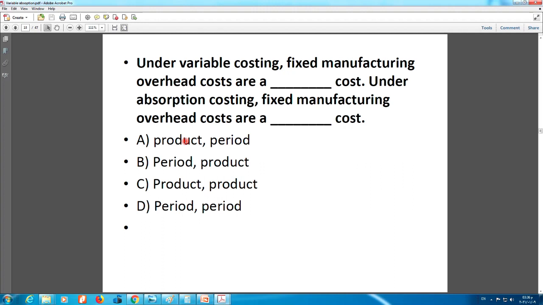Now we will solve some MCQ. Under variable costing, fixed manufacturing overhead costs are product or period.